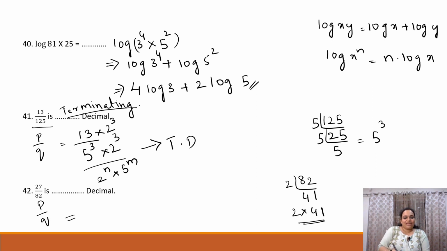Correct? So we cannot write it in the form of 2 power n into 5 power m. So it is a non-terminating repeating decimal.